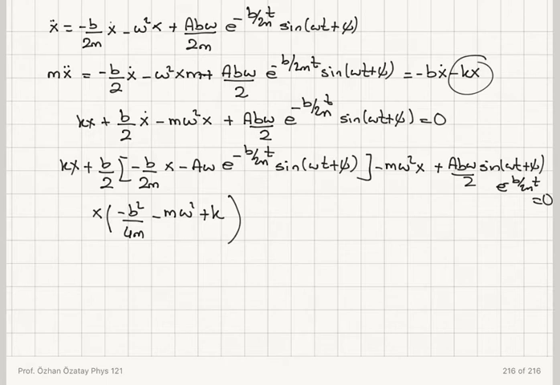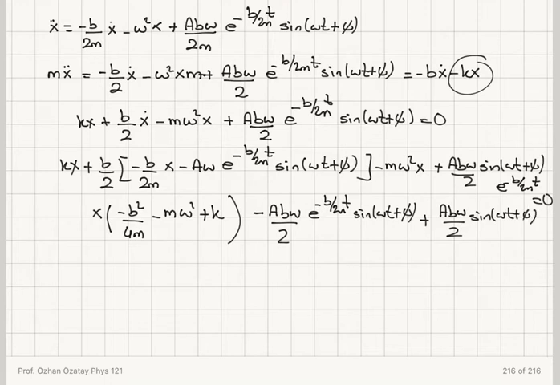And the next term is minus ab omega over 2 e to the minus b over 2m t sine omega t plus phi. And you can see this will be cancelled with the plus term, plus ab omega over 2 sine omega t plus phi e to the minus b over 2m t. So this term is disappearing, so that's equal to 0.